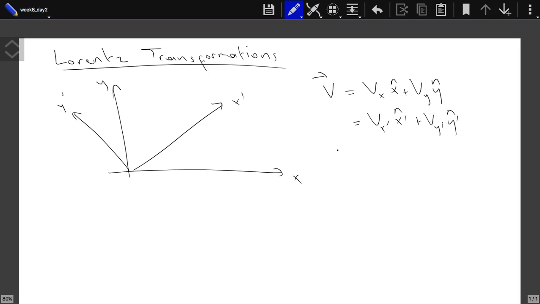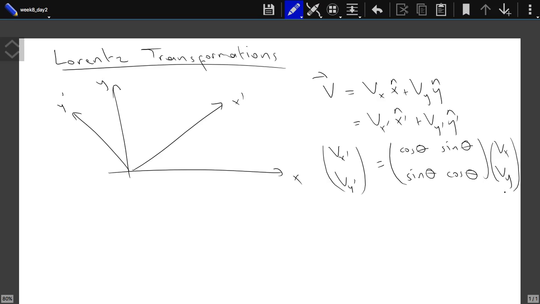We had seen that, you can show that Vx prime, Vy prime is nothing but cosine theta, sine theta, Vx and Vy, or minus sine theta, where this is our theta angle.